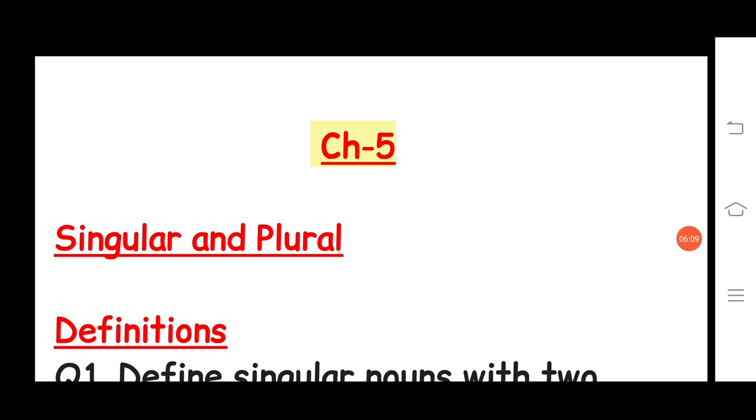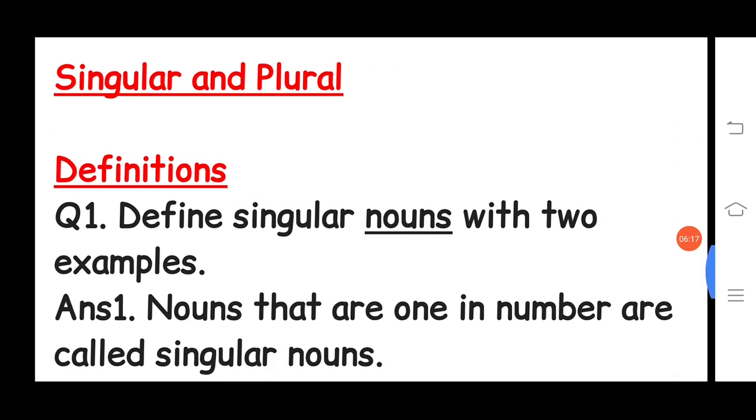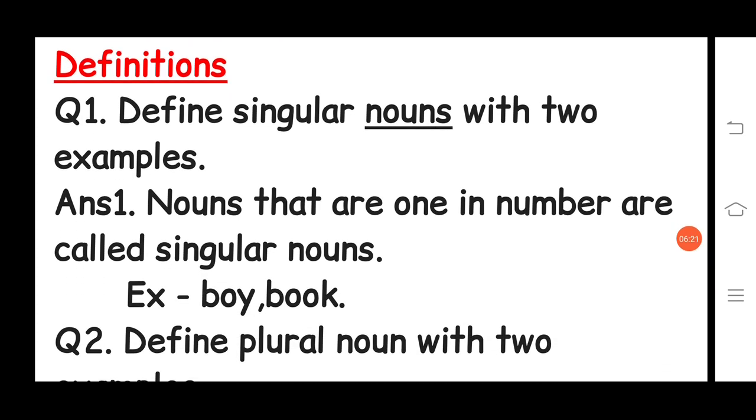Now we begin with the definitions of chapter 5, and these definitions you have to do in the copy. Singular and plural, the chapter heading is that. Question number 1, define singular nouns with 2 examples. Answer: nouns that are 1 in number are called singular nouns.